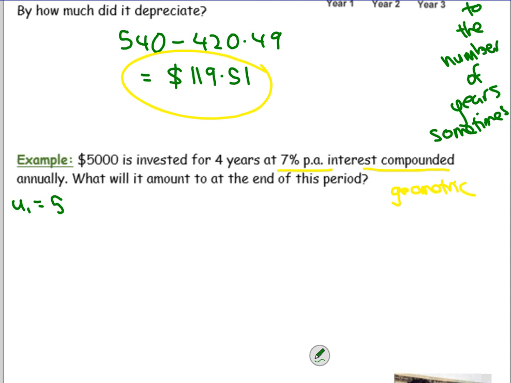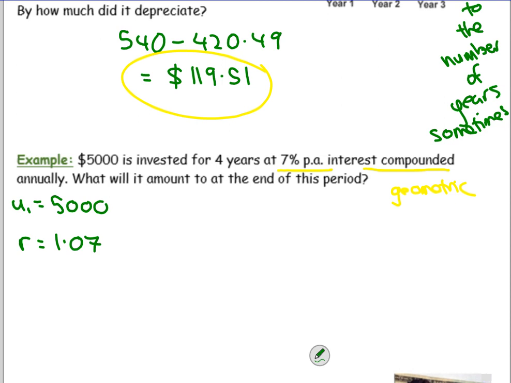And they want to know what our r is. So going at 100% means it's not increasing. If it's increasing by 7%, it's going up to 107%, which as a decimal is 1.07. And it's compounded annually, so you don't have to worry about k's or anything like that. What will it amount to at the end of this period?